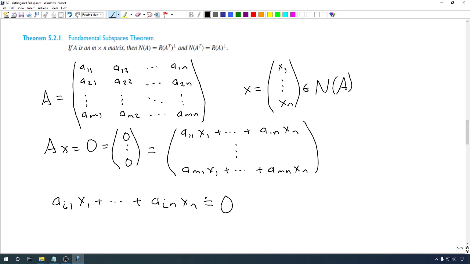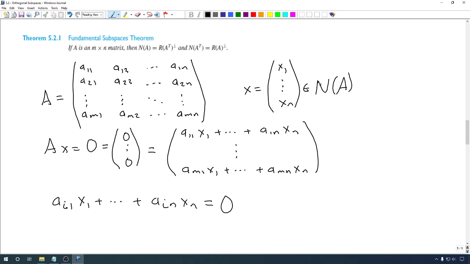And if x is orthogonal to all the rows of A, then remember, if it's orthogonal to all the basis vectors, or a spanning set of a space, then it's orthogonal to the entire space.